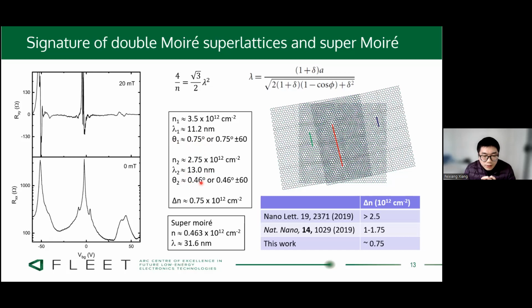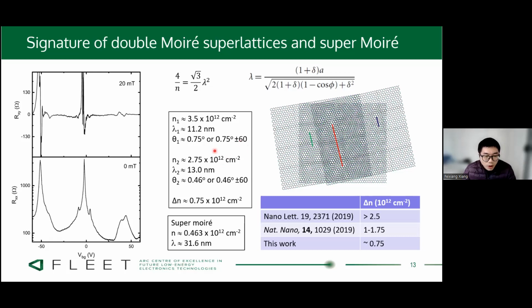But one thing we can't tell right now is whether we have a plus or minus degree difference because of the hexagonal crystal structure of hBN and graphene.